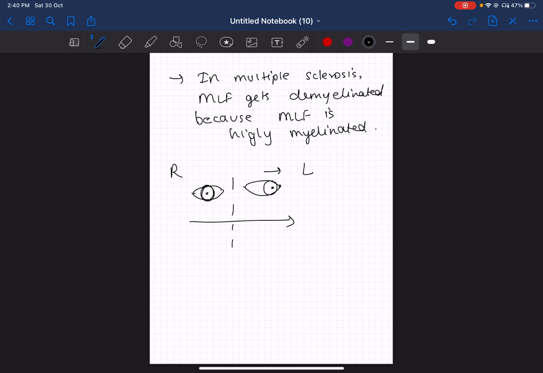So this will abduct, but this will fail to adduct. So this is known as right internuclear ophthalmoplegia. We call it right because the right eye has failed to adduct. This is because of a lesion in the right MLF.